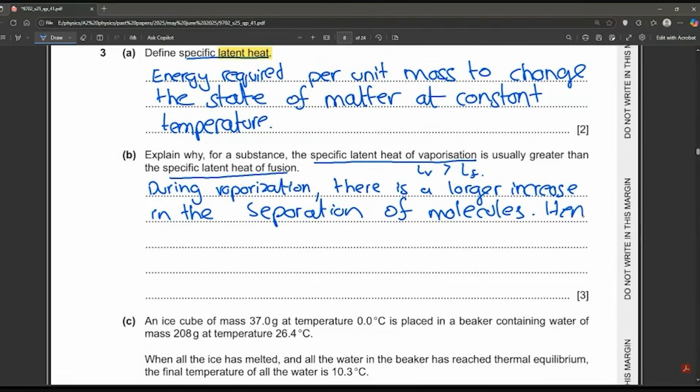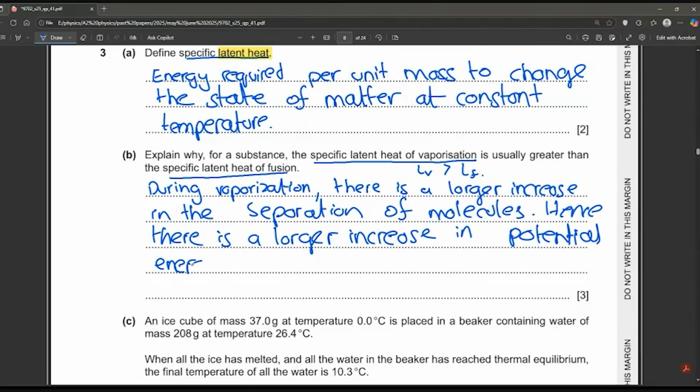Hence, there is a larger increase in potential energy during latent heat, or you can say during state change.